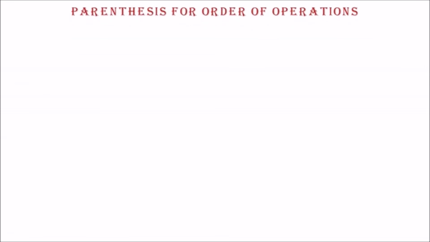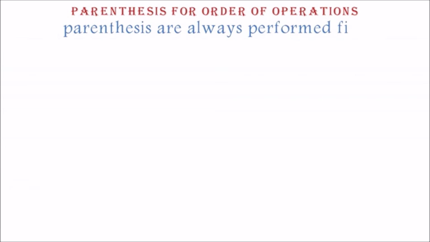Parentheses for order of operations. In the order of operations, parentheses tells us which operation to perform first. Operations in parentheses are always performed first. Example, 2a plus, in parentheses, 3a plus 5a, plus 4b.